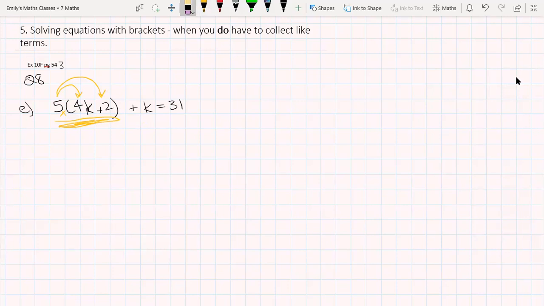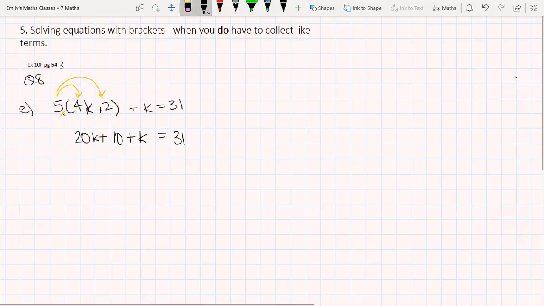So let's go ahead and expand these brackets. 5 times 4K is 20K, plus 5 times 2 is 10. And as I said, that K is just sitting there. We can't forget it, but it's just sitting there, equals 31. Now, we've expanded the brackets, but what's different this time is we actually have some like terms.